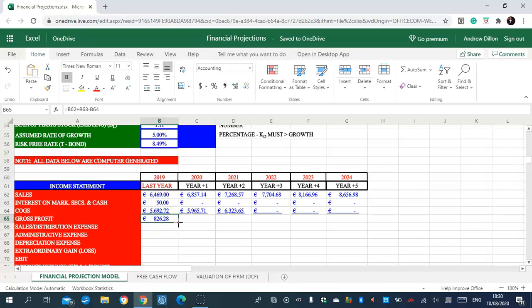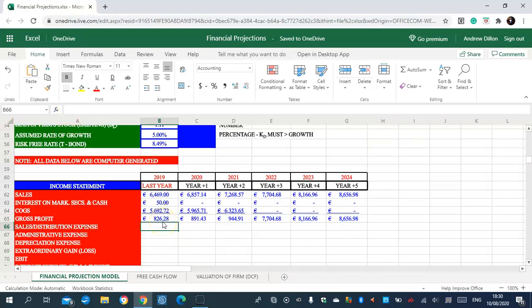Now let's see what we get for the other years: C62, D62, E62, F62, and G62. Yeah, so very good.